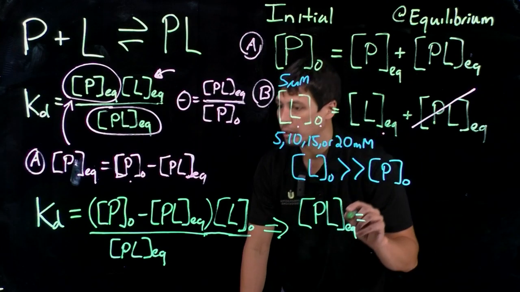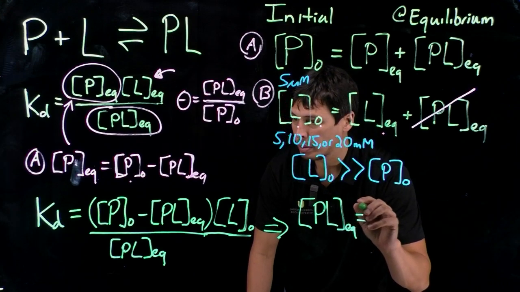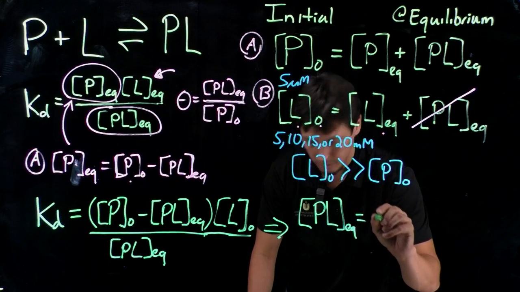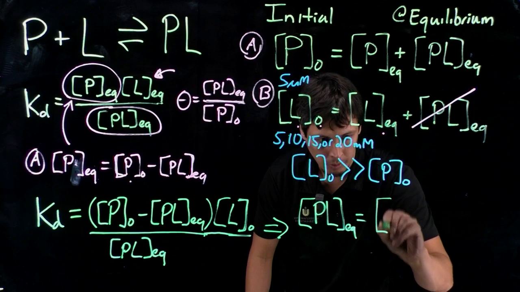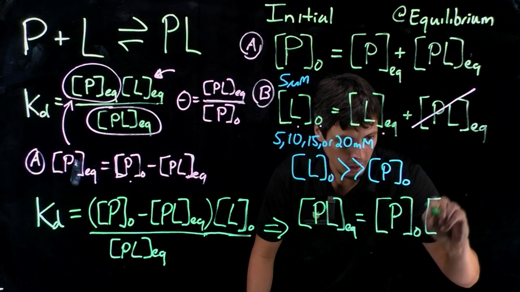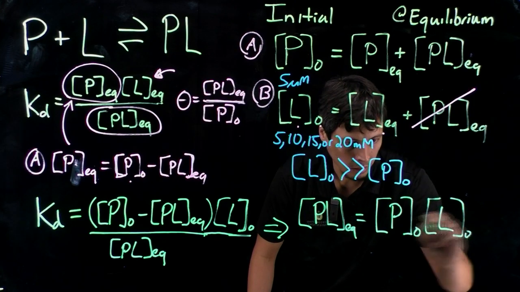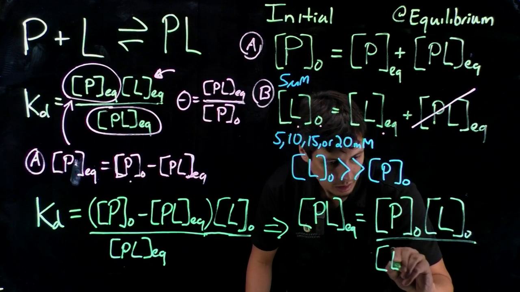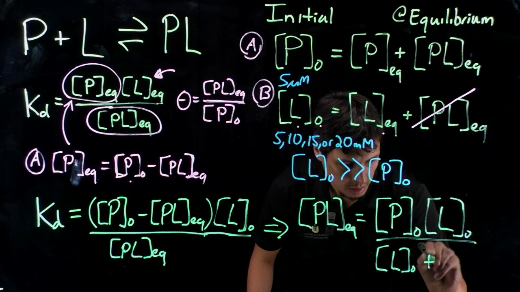Oh, I have that written down in the wrong place. So that's going to be P naught L naught over L naught plus Kd.